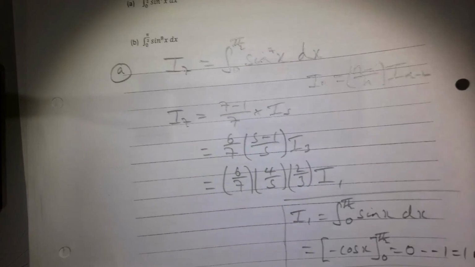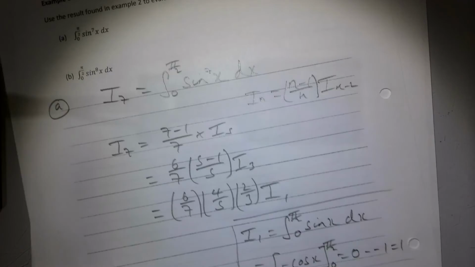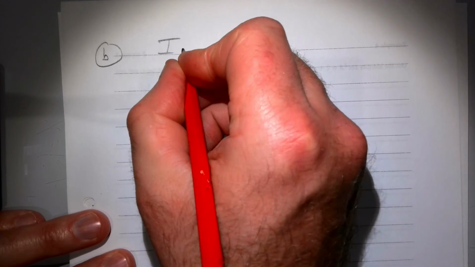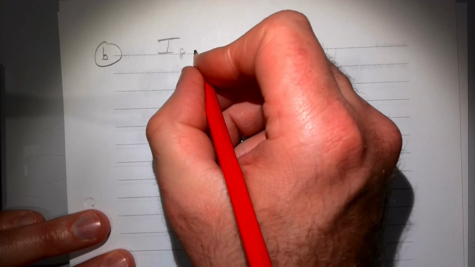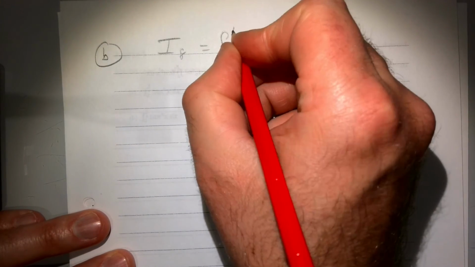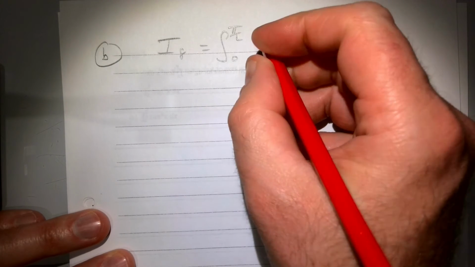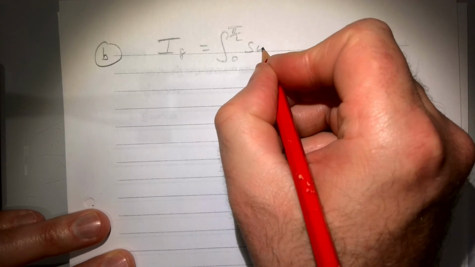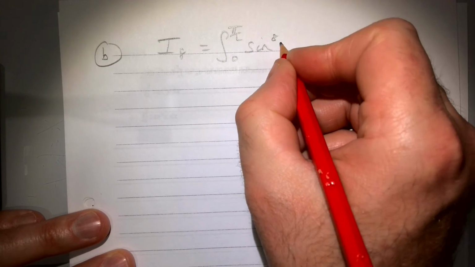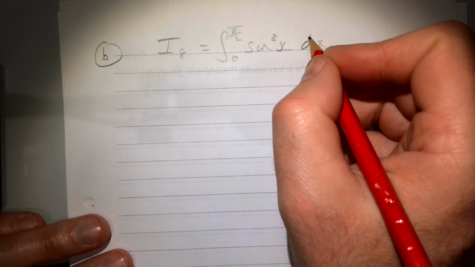Let's look then at part B, which is 8. It's slightly different actually for even numbers, and you'll see how this one works out. Let me rearrange a few things here. So this is part B, and of course we know I8 is the integral between pi over 2 and 0 of sine 8x dx.